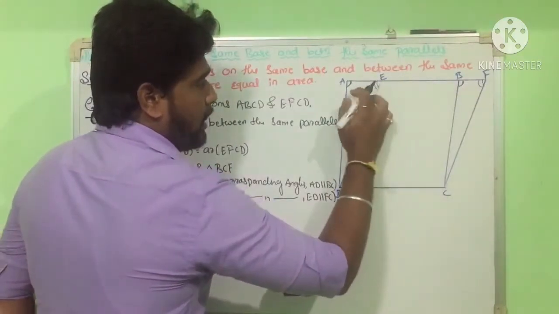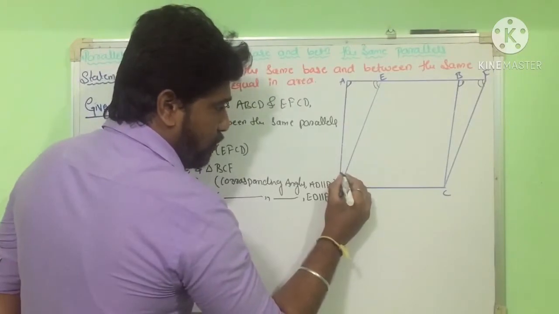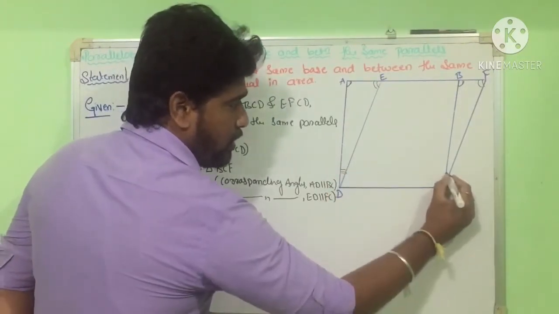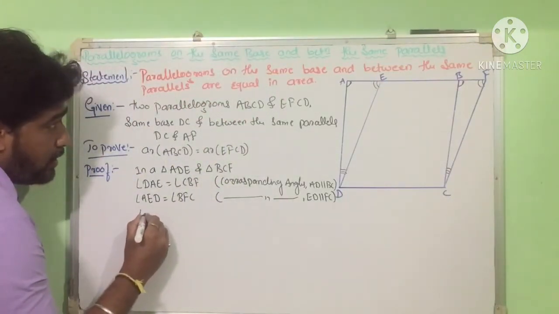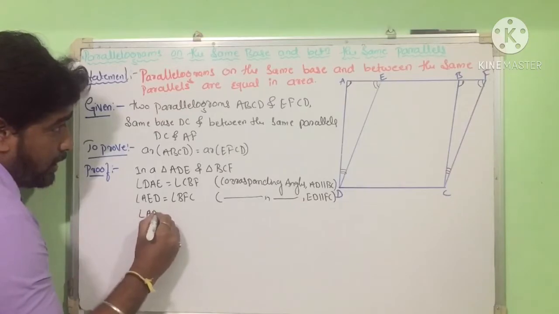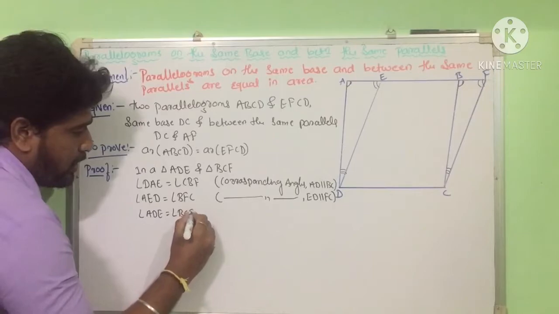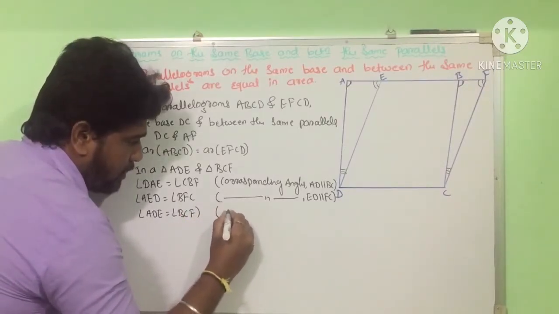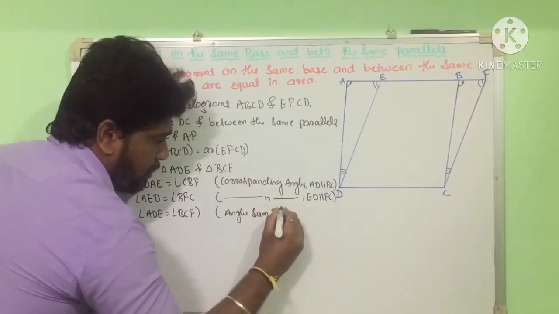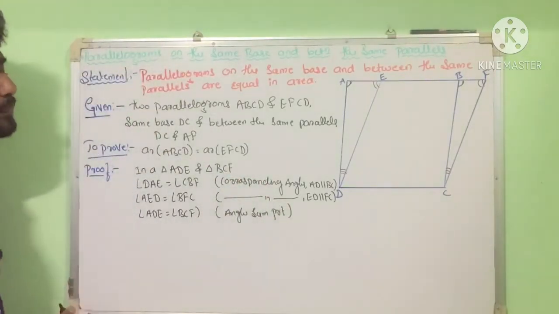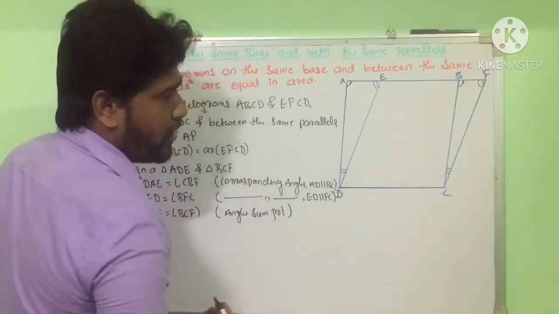So in these two triangles, these two angles are equal, which means automatically the third angle is equal by angle sum property. So write down angle ADE is equal to angle BCF, angle sum property, right?